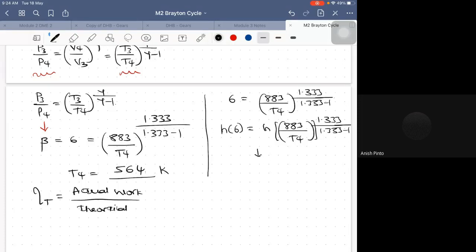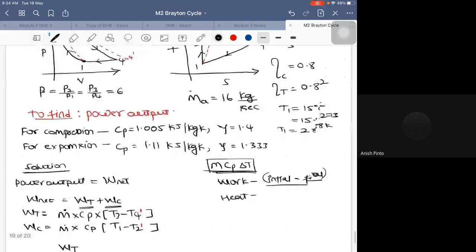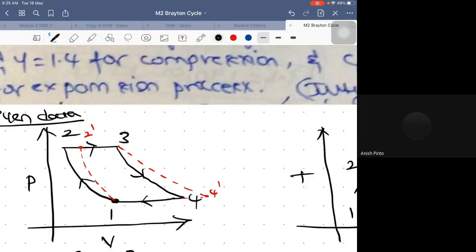Theoretical work can also be called isentropic work. What is actual work? What is theoretical work? Both are work.